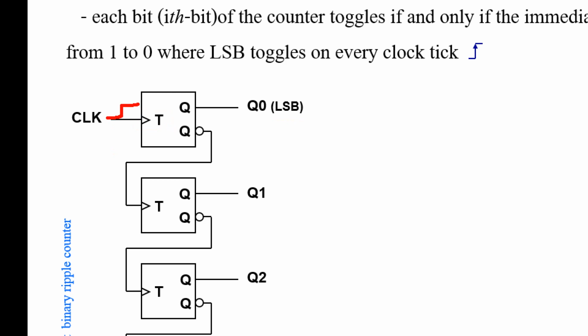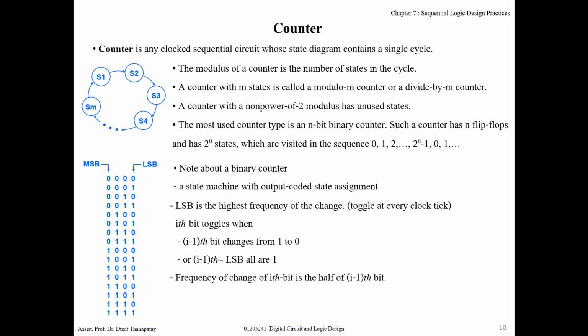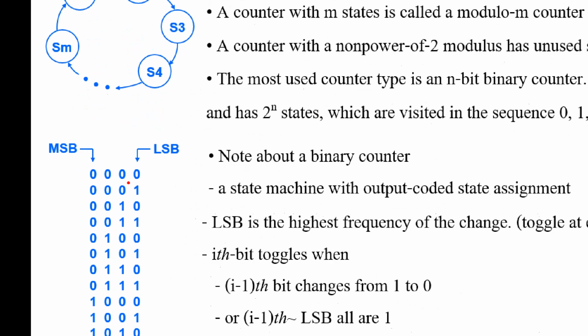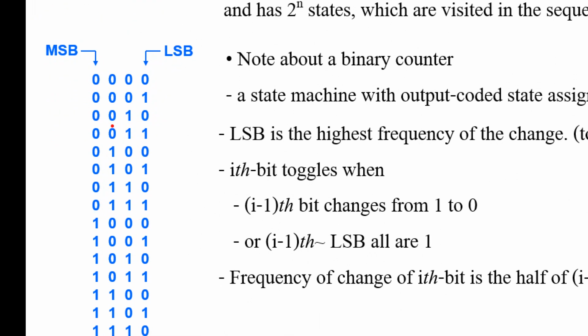So for every clock tick it toggles: change 1 to 0, when clock tick, change 0 to 1. This is LSB, following this observation: toggle for every clock tick.